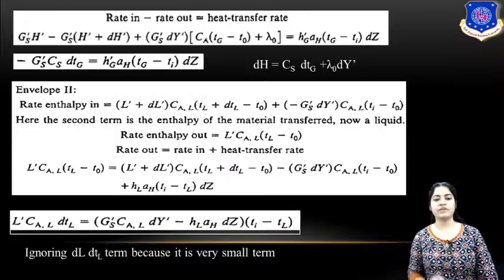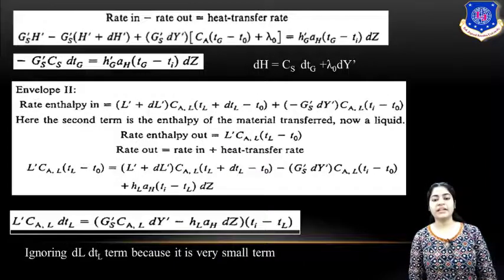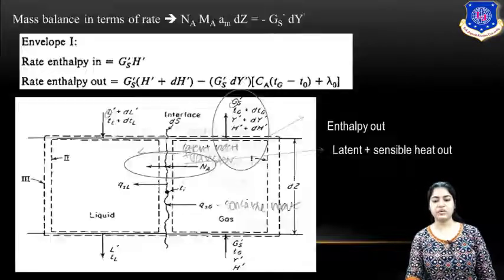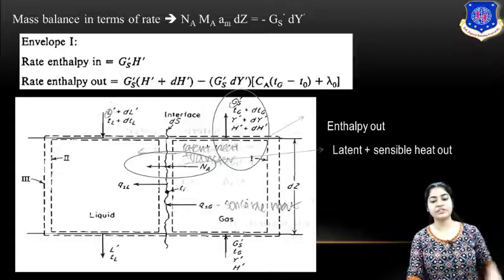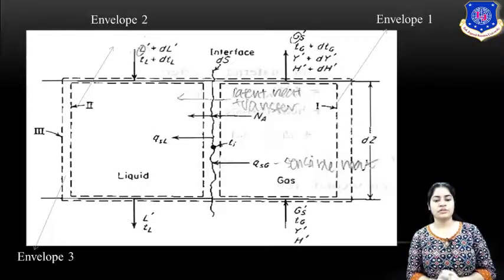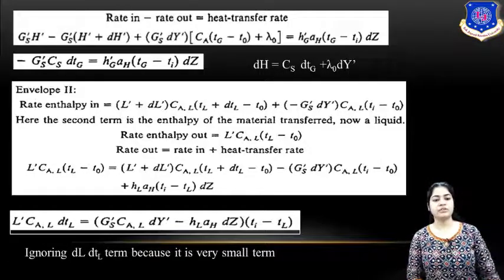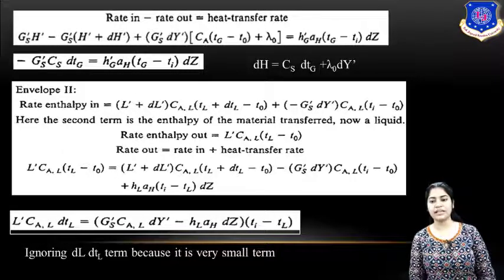Now moving forward, your rate in minus rate out is your heat transfer rate. Here you can see that from gas, QSG is the amount of heat which is transferring from the interface to the liquid, which is going out, right? So substituting all the values, what is the heat transfer rate? hG' into Ah into (TG minus Ti) into dz.